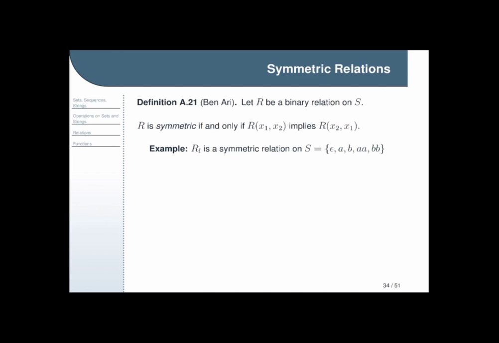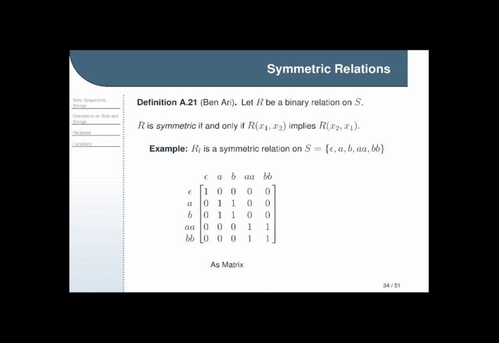So an example of a symmetric relation, we have a new relation I'm introducing here called RL, and that's a symmetric relation on this set S, which is similar to a set you've seen before, but a little different. And the symmetry is something you can actually see in the matrix, right?